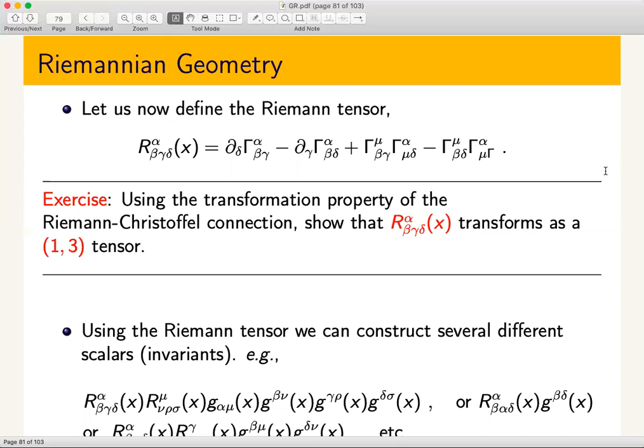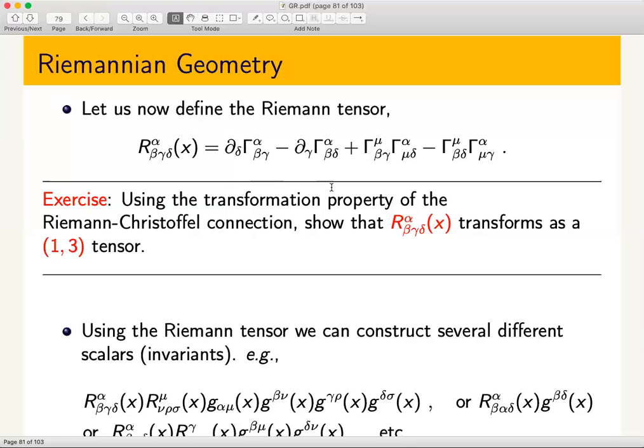You can check one important thing here. If you look at the first two terms, for example, and of course we'll see the last two also, they are antisymmetric under the exchange of gamma and delta. It's a delta derivative of gamma alpha beta gamma minus a gamma derivative of gamma alpha beta delta. So if you swap delta and gamma, this piece will change sign.